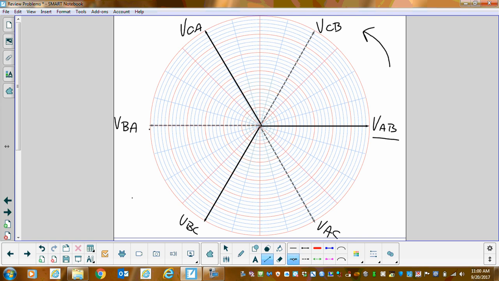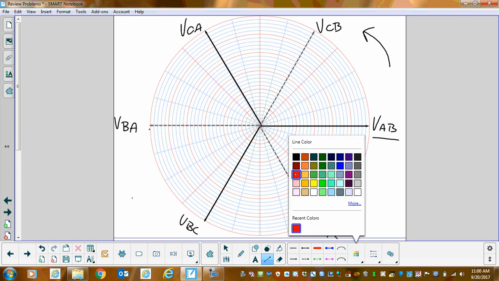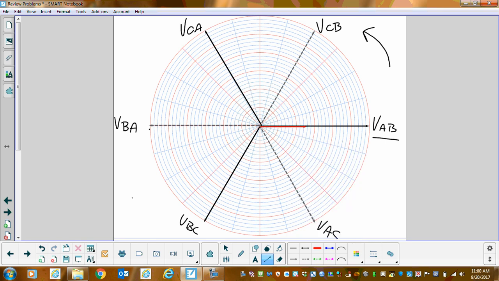And we want to do this one, and we want to make it red. And it's 24 amps, and it's in phase with voltage AB. So this is an easy one. Right here, I'm going to go way out here.